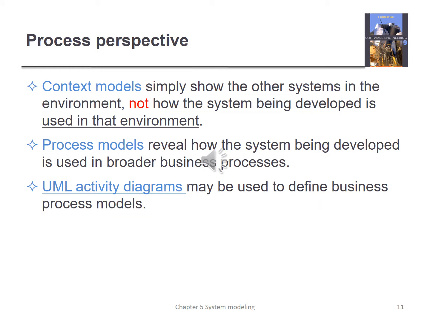So if you look at the context diagram model, it will simply show the other systems in the environment, not how the system being developed is used in that environment. But the process model reveals how the system being developed is used in broader business processes. A UML activity diagram may be used to define business process activities, and that is in the interactive perspective of those models.